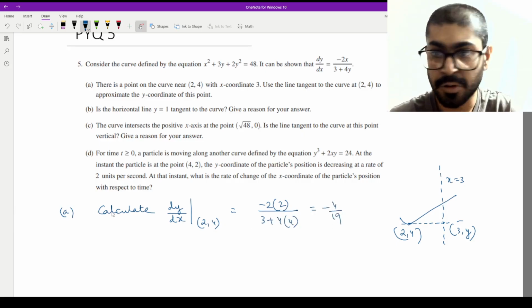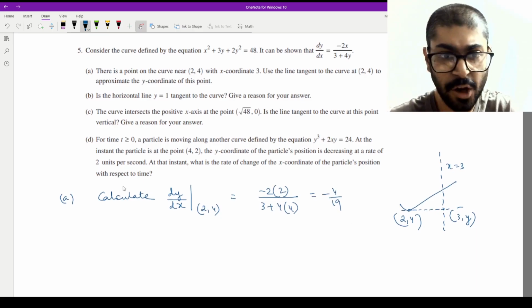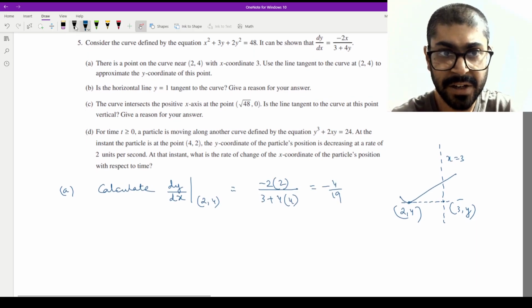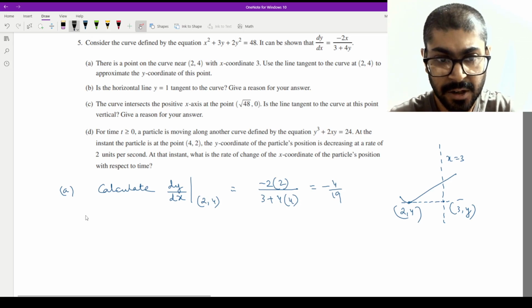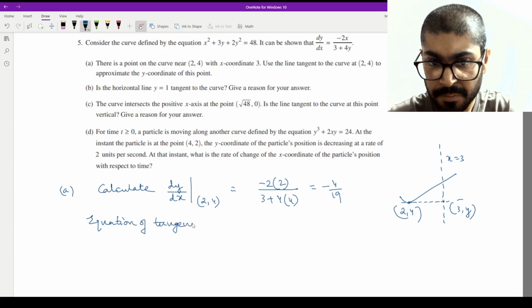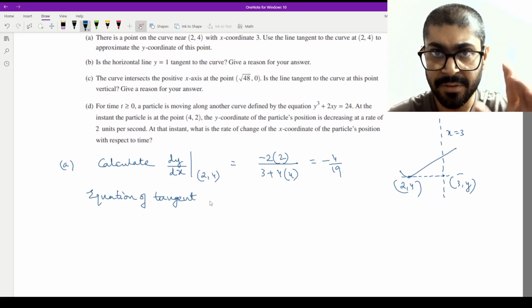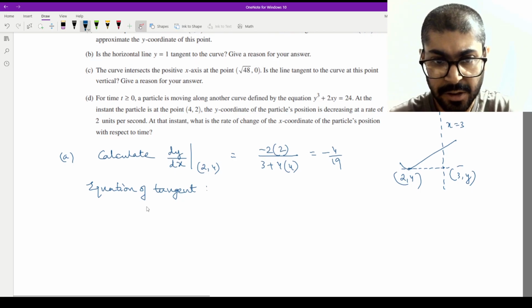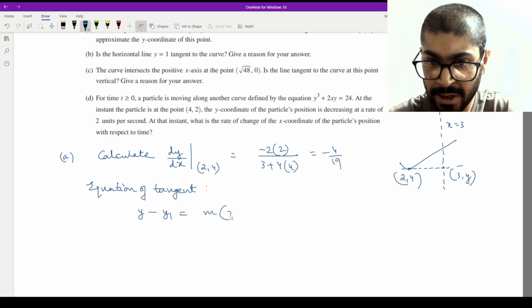Alright. So for this unknown point (3, y), what will be the equation of the tangent? Okay, before we put the value of the slope, let us write down the equation of the tangent. So equation of tangent, we will be using the one point formula for calculation of the equation of a straight line, which is y minus y1 equal to m into x minus x1.